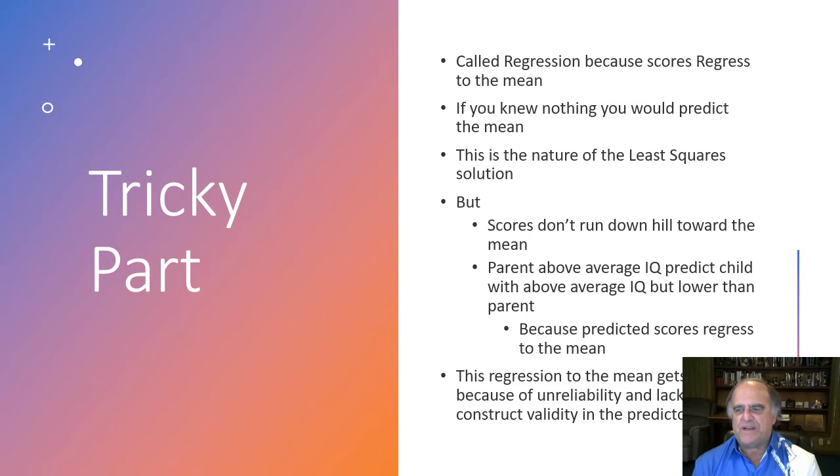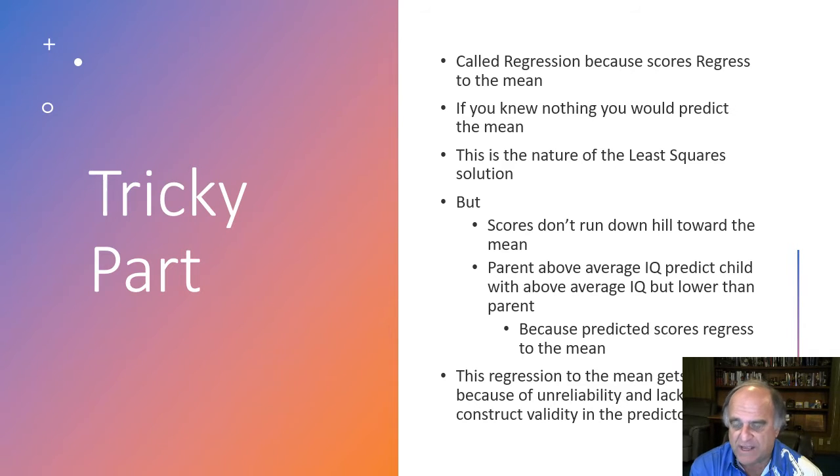And that's because predicted scores regress to the mean. That doesn't mean that over time IQ scores are regressing to the mean, because they're not. IQ scores are pretty much staying stable or maybe even increasing over time. But it's because of the phenomenon that to minimize least squared errors, when we don't have information, we're going to predict the mean. Now, this whole idea of regression to the mean leads to a lot of different paradoxes.